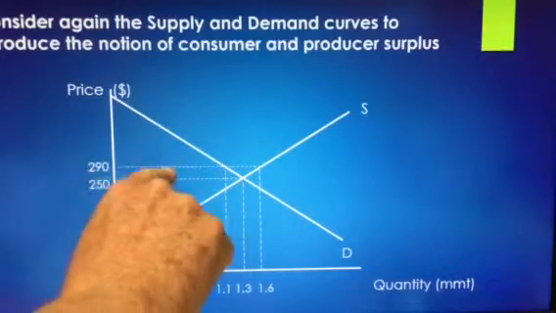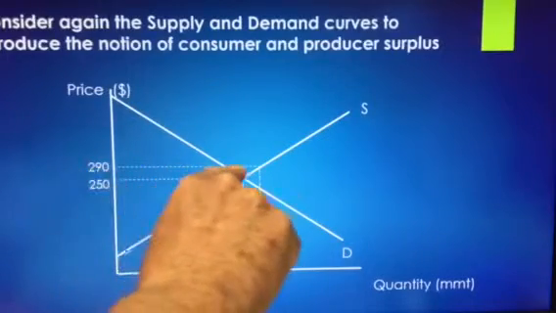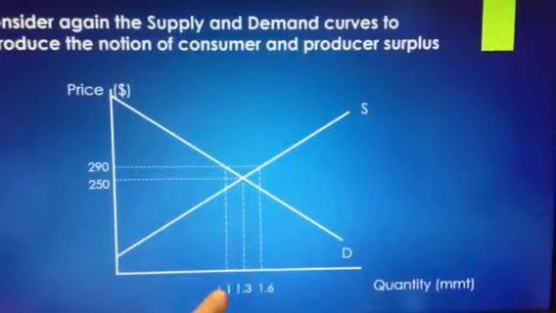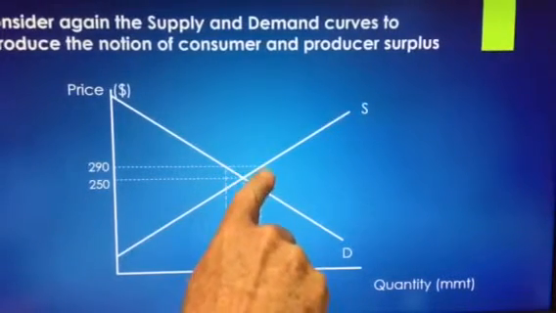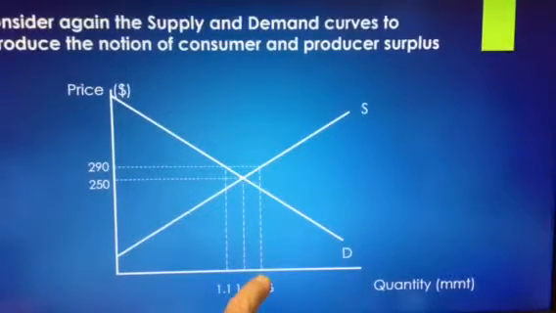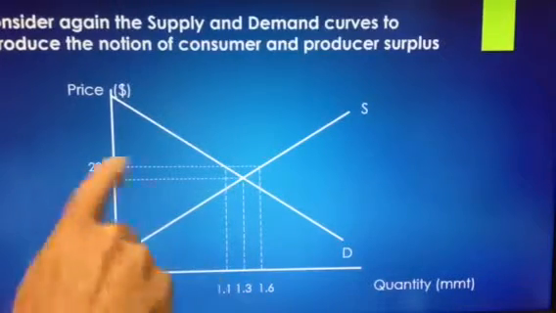Notice where the line for this particular price touches the demand curve: that designates the quantity of sorghum that will be demanded at that price. And where the line intersects the supply curve designates the quantity of sorghum that will be supplied at that price.